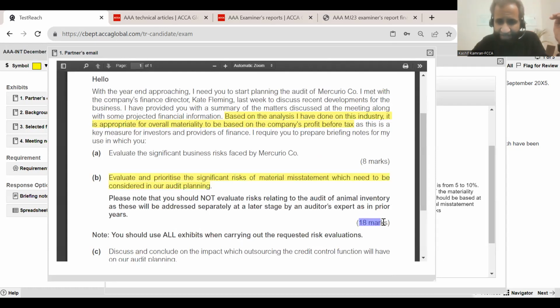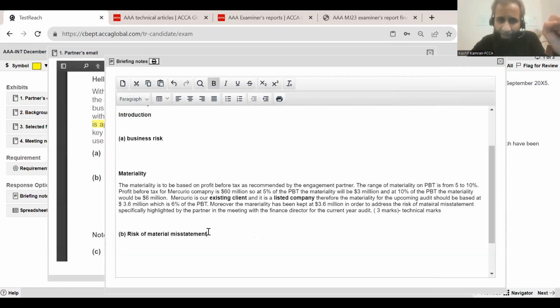Out of the 18 marks here, 3 marks will be deducted for determining the materiality, because this materiality will be helpful when you comment on the significant risk of material misstatement. So you have 18 marks for ROM, and you take away 3 marks for the paragraph on materiality you have put in. So when you come to write the risk of material misstatement answer, you have 18 minus 3 equals 15 marks.